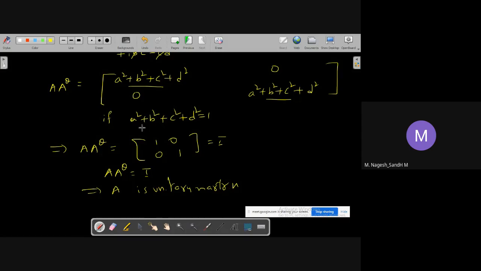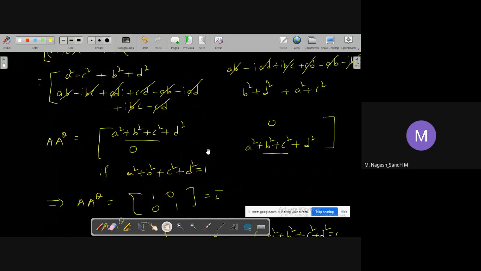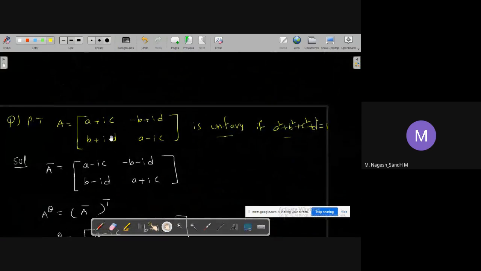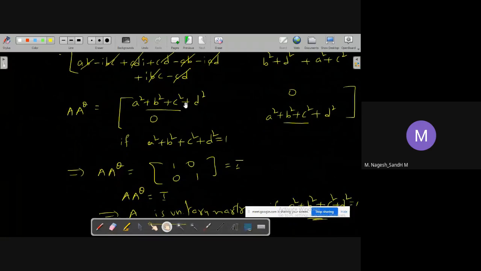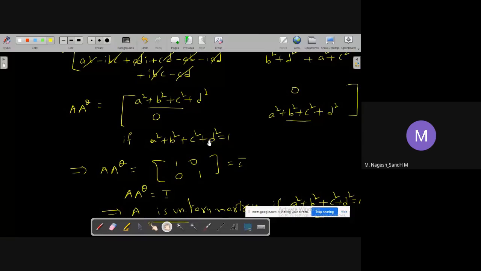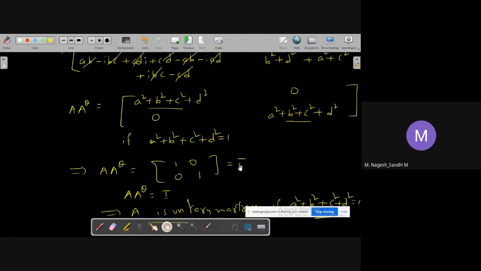Can anyone say? Yes, a square plus b square plus c square plus d square equals 1. When this value is 1, then A is unitary. That is enough proof. Check it. Prove that A is unitary if this value equals 1. Here you got this result: if this value equals 1, it is unitary. If you take a square plus b square plus c square plus d square equal to 1, it is going to be unitary.